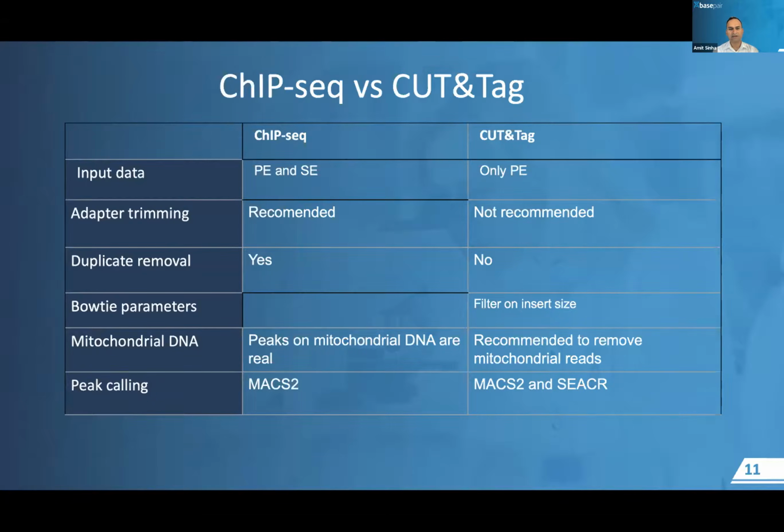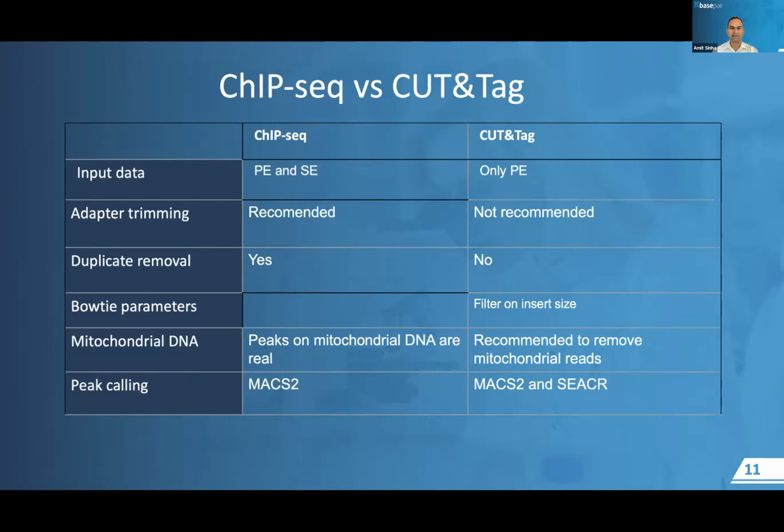Next, when we come to the Bowtie alignment, with CUT&Tag, given our interest in finding genes bound to the protein or the histone mark, we often filter based on insert size. The most common recommended filter is between 10 to 700 base pairs.